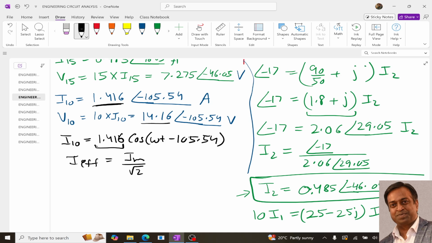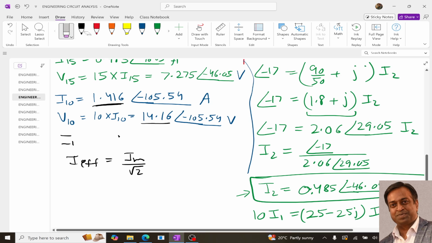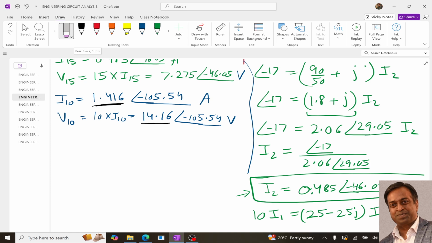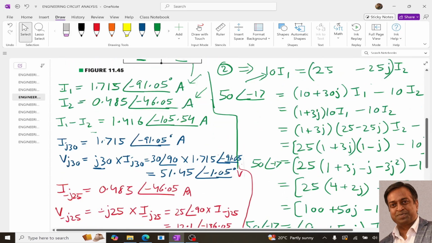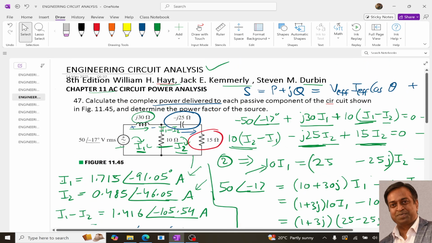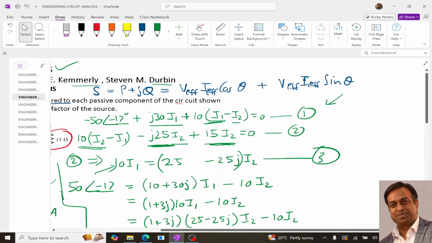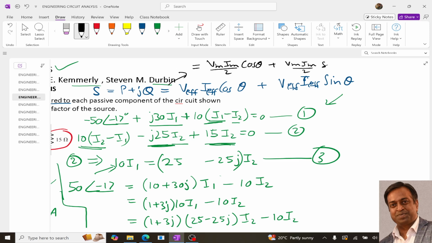Since the formula for complex power is V effective into I effective, the same formula can also be written as Vm Im by 2 cos theta plus Vm Im upon 2 sin theta. So I will use this formula because I know what Im and Vm are, right?